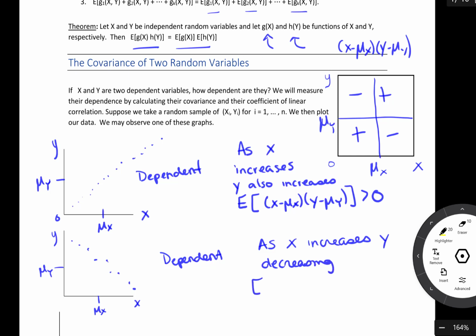So in other words, if we look at that expected value of X minus mu X times Y minus mu Y, that is now going to be negative. And so what we're getting at here is really this idea of covariance. We see two different ways that X and Y could be dependent on one another, and we see that that expected value is either positive or negative depending on that dependent relationship.